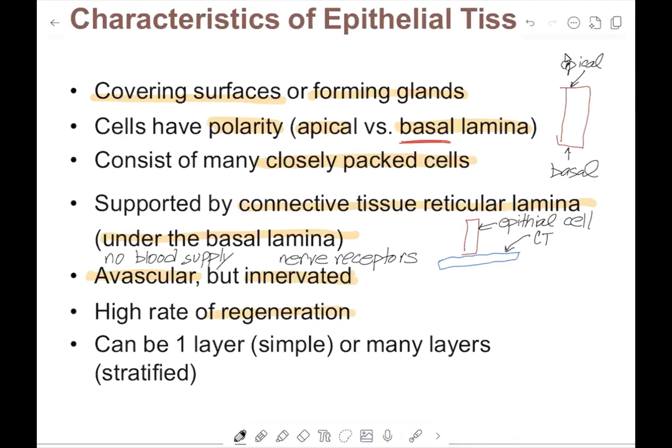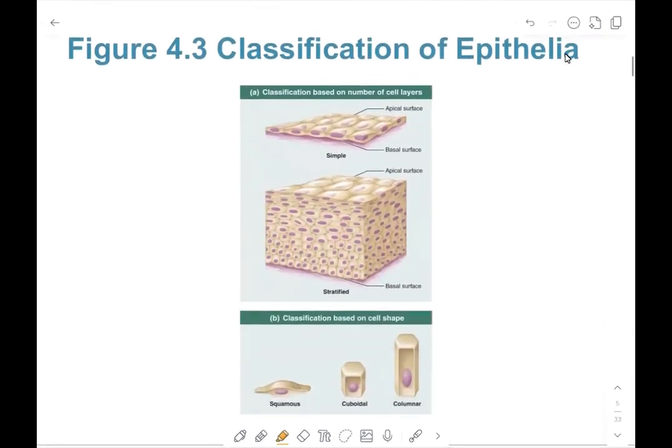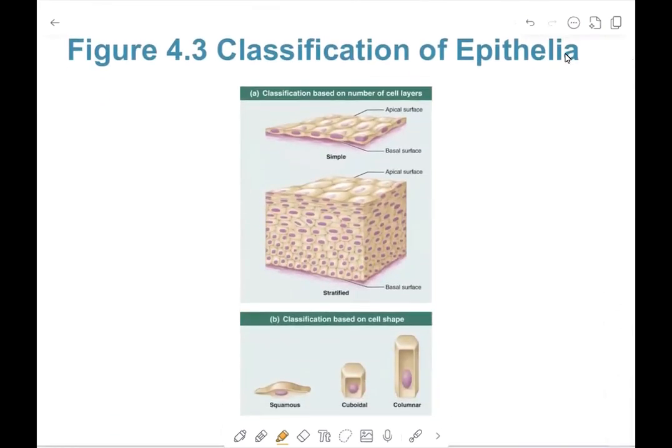Those deeper cells need to regenerate to replace those more superficial cells. And finally, it can be one layer, which means it's simple, or it can be many layers, which means it's stratified.